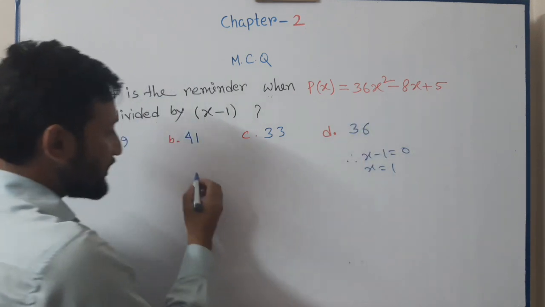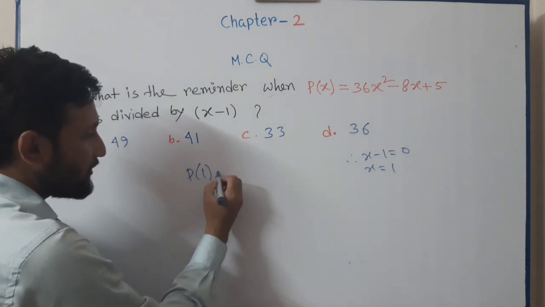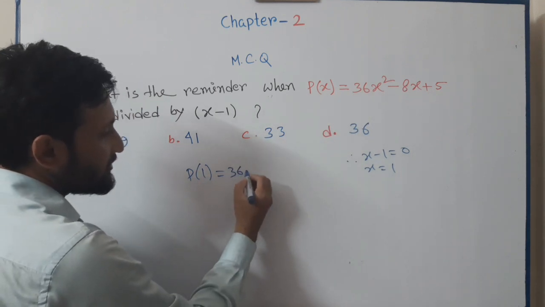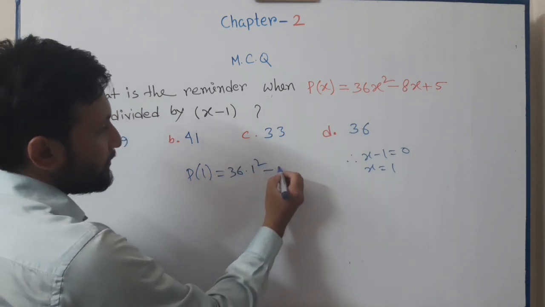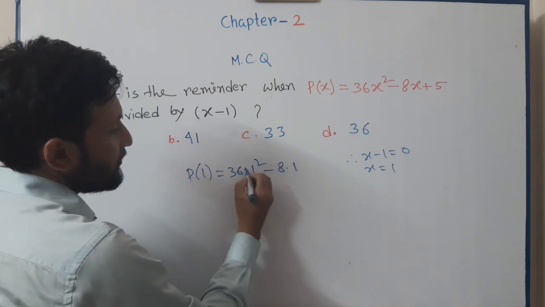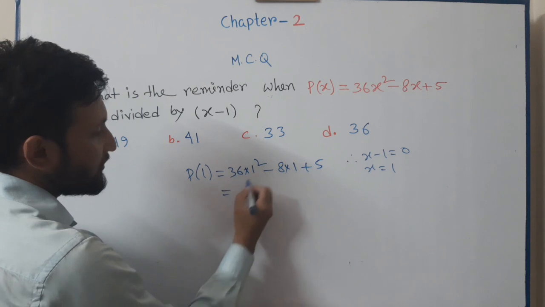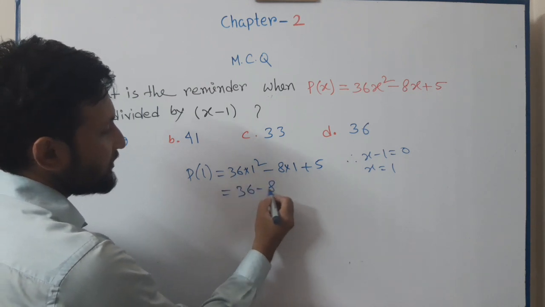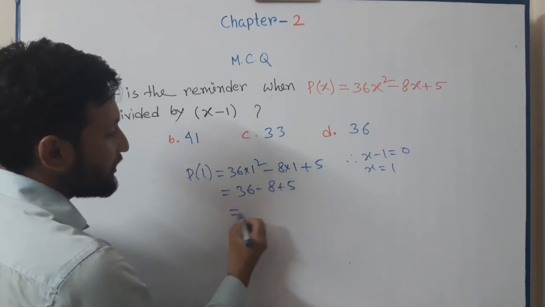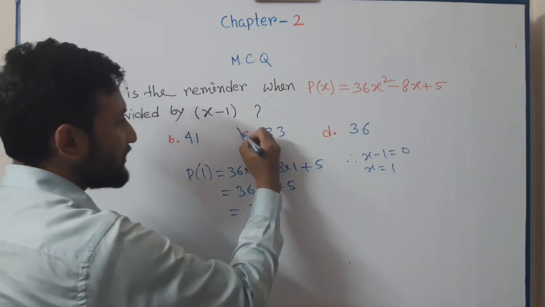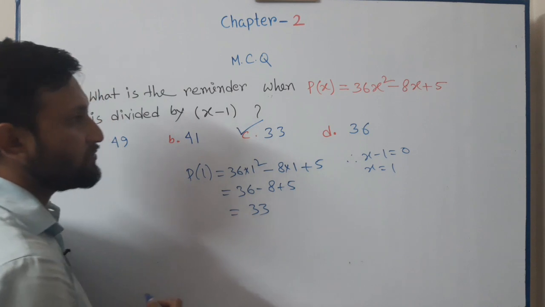So our remainder will be p of 1. Just replace the value of x by 1. So 36 into 1 square, and then minus 8 into 1, and plus 5. By simple calculation, 36 minus 8 plus 5 equal to 33. So our required solution is 33, option C.